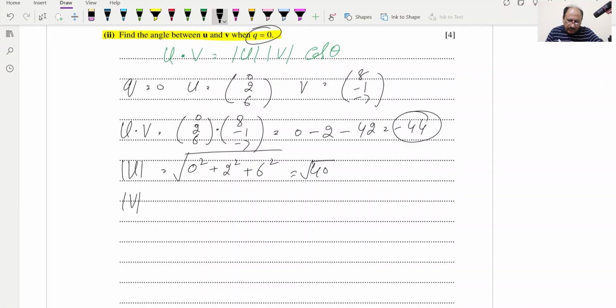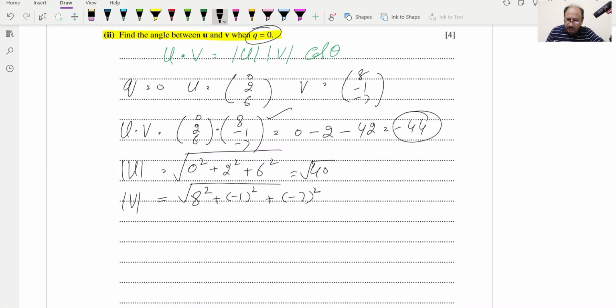Similarly, we can find v magnitude. V magnitude will be equal to the square root of 8 squared plus minus 1 squared plus minus 7 squared.